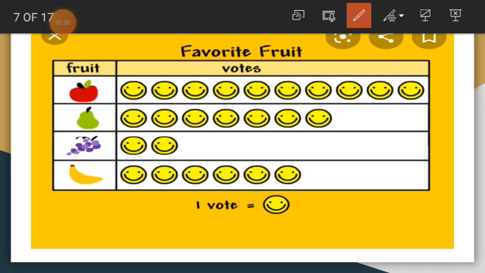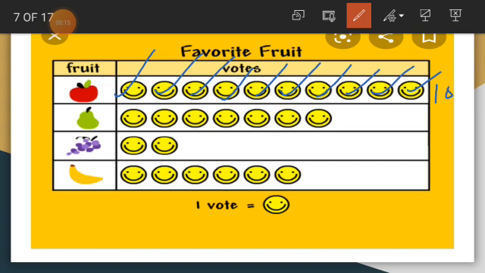Now count how many people like apples. Count the smileys. 1, 2, 3, 4, 5, 6, 7, 8, 9, 10. How many smileys are there? 10. So this means 10 people like apples.